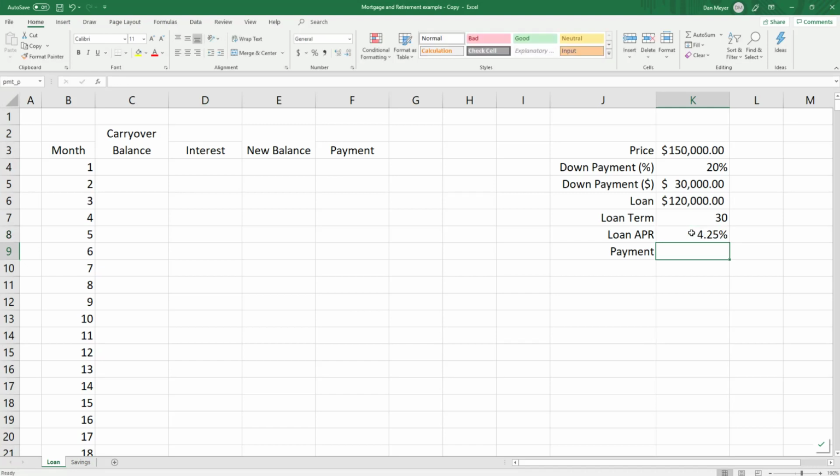4.25%. All right. So supposing we have all these parameters and we want to figure out what our loan payment is, we can use the PMT function in Excel to do that. Equal to PMT. We need the monthly interest rate, so we'll take our APR, divide by 12.